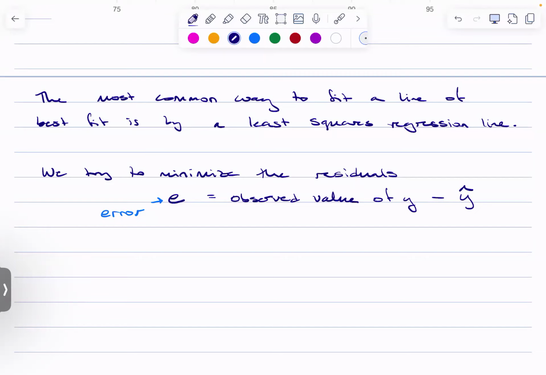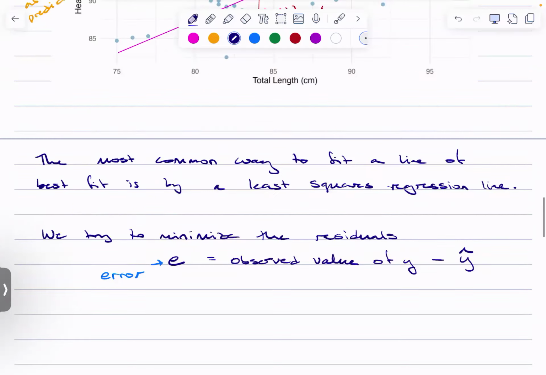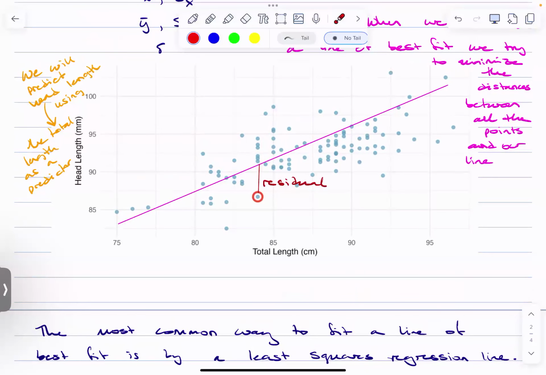So at each value of X, right, at this point of X, I have some observed value of Y, over on this axis here, maybe here.